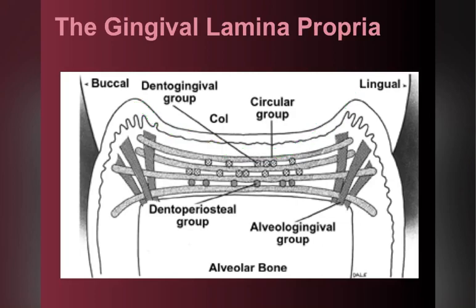We see two types of fibers that are cut in cross section and appear as circles, and they have two levels. The level above is the dentogingival group, and the level below is the dentoperiosteal group.